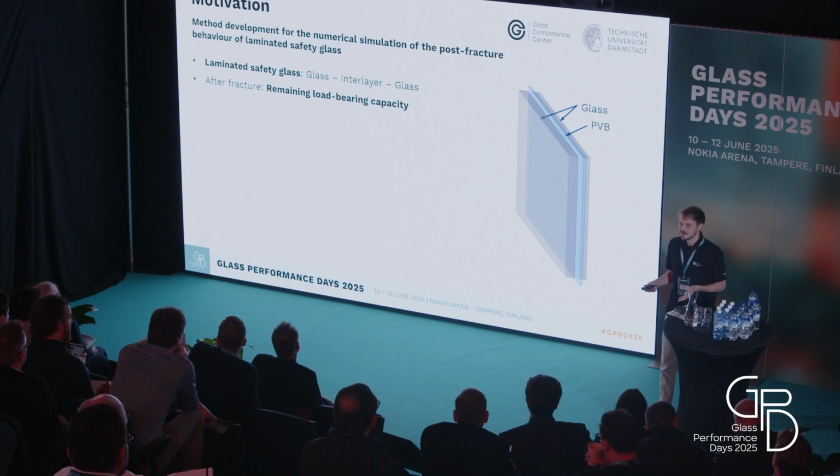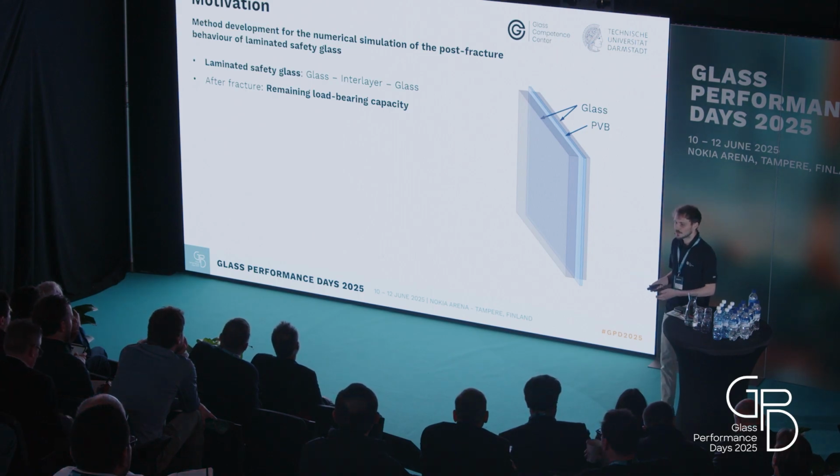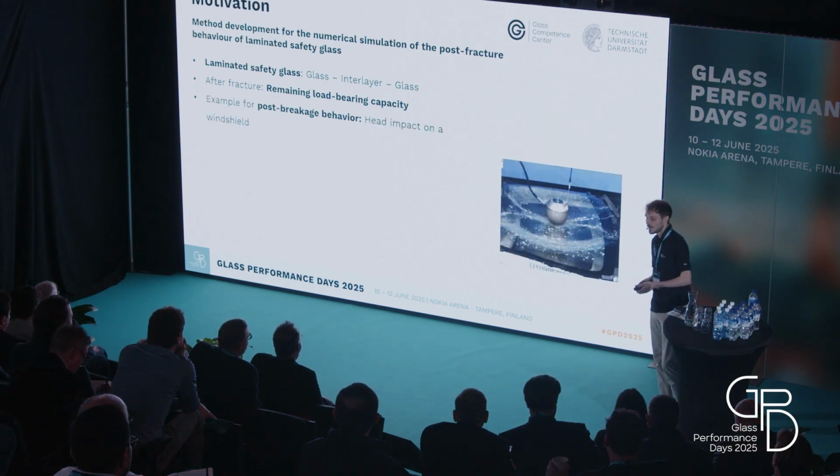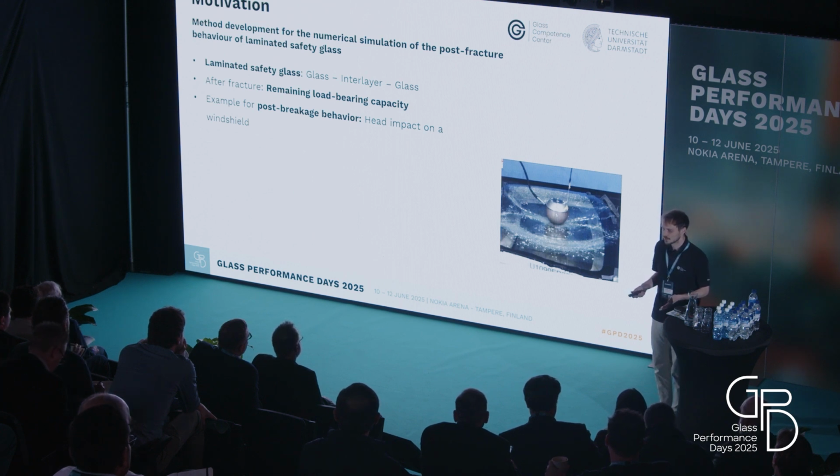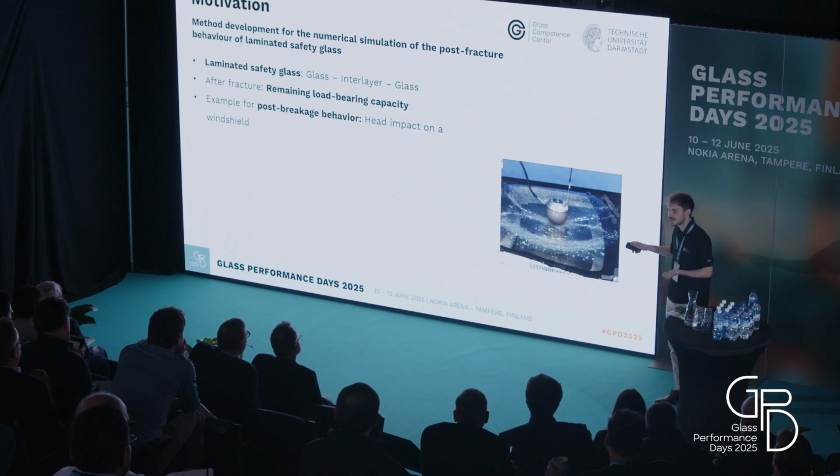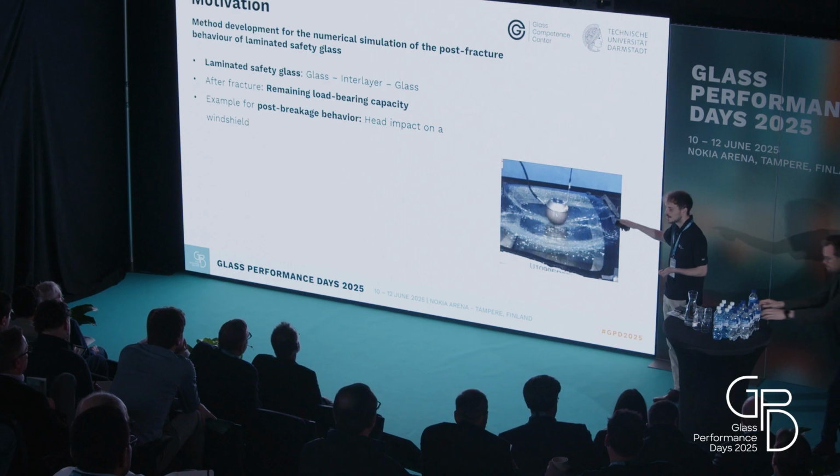There are many use cases for this. In the use case we are investigating here, we are doing the head impact on the windshield, so we're in the automotive sector, and down here you can see such a head impact test. This is the head impactor, which is shot directly at the windscreen, where the windscreen breaks.